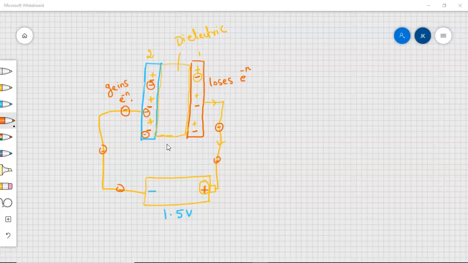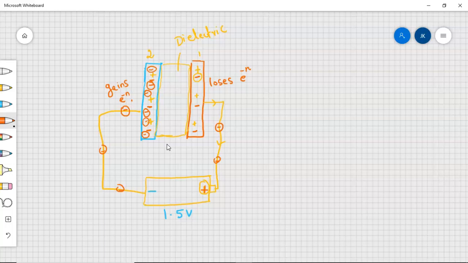After a certain time, the battery is unable to push the electrons further. It is because enough negative charges have accumulated on plate 2, which creates a force of repulsion. So the battery does not have enough energy to push the electrons to overcome the force of repulsion in plate 2.